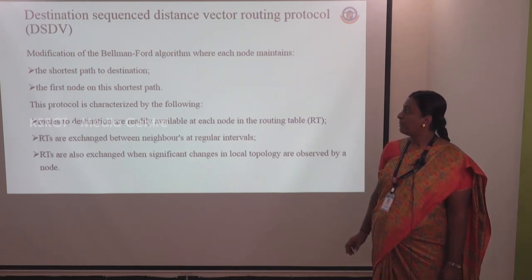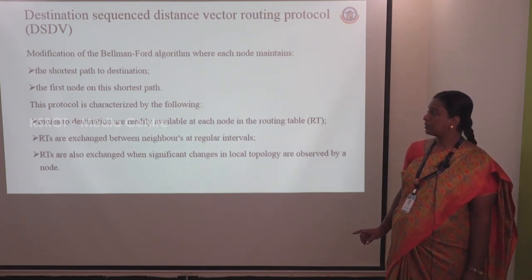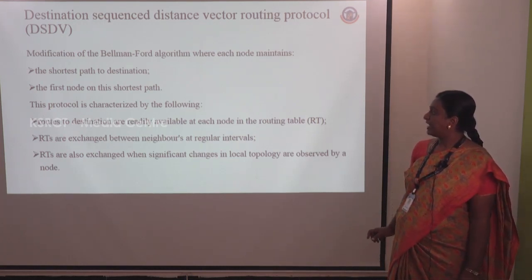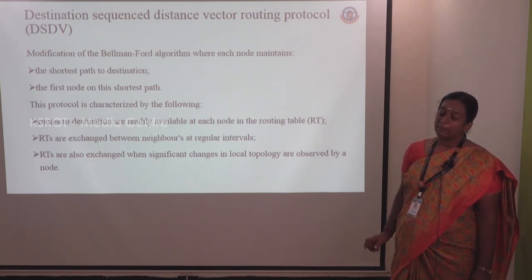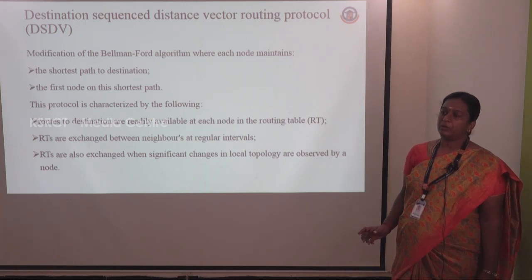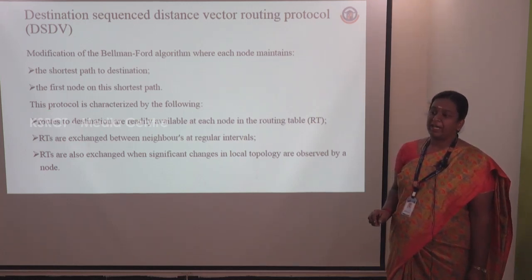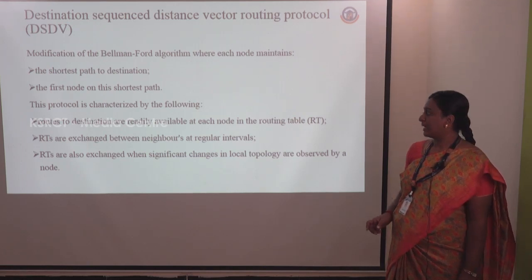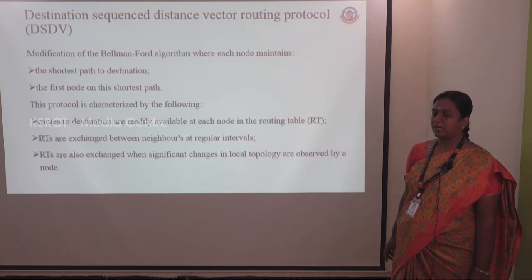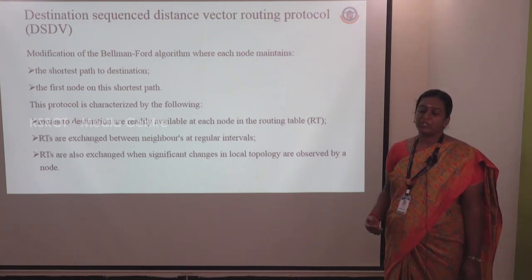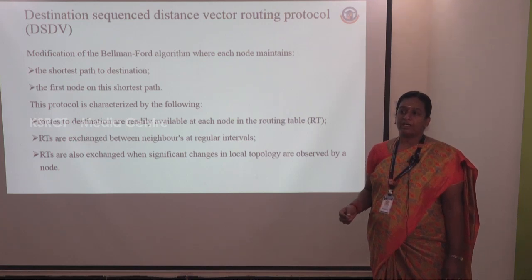This protocol is characterized by the following. First, routes to the destination are readily available at each node in the routing table. Every node in the network maintains a routing table. The routing table updation takes place at regular intervals of time. The routing table is exchanged between the neighbors at regular intervals, so the route information updates are propagated to the neighbor nodes on a regular basis.